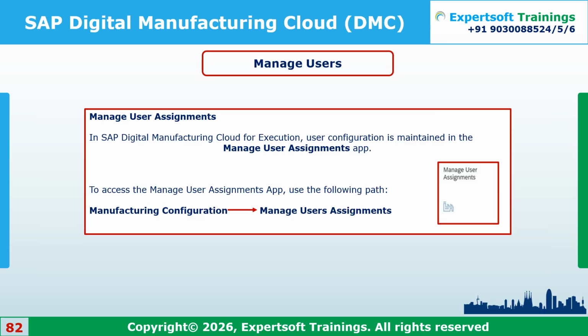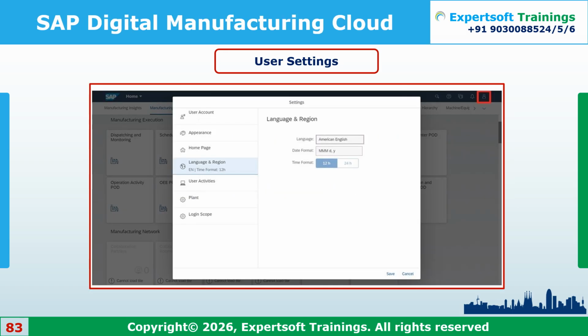All this is done in the manage user assignments app, and these are the user settings. If you click here after logging in, you will get these settings. In these settings you can define the language, appearance, homepage, plant, and so on.